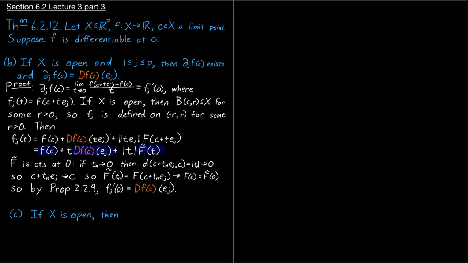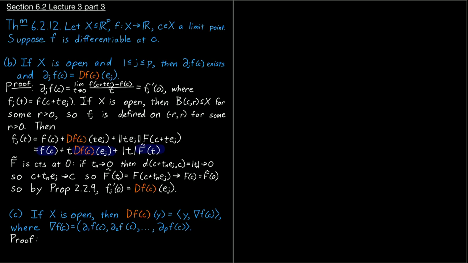Part C of this proposition is that if X is open, then I can tell you what df of c has to be. df of c of any vector y, it's the inner product of y with the gradient of f at c, where grad f of c is the vector of all the partial derivatives. And the proof is quite straightforward.